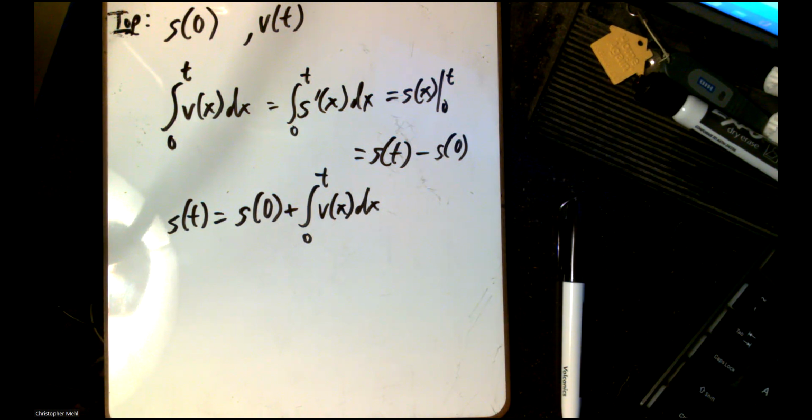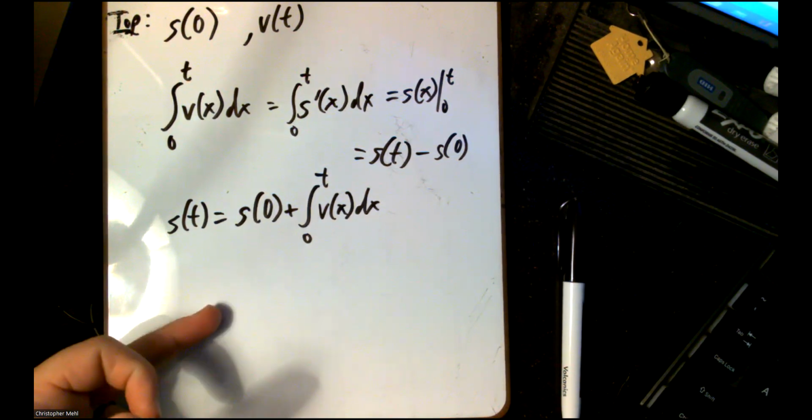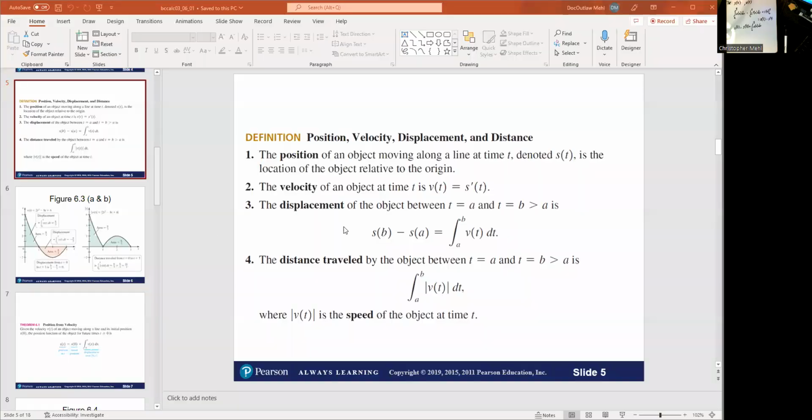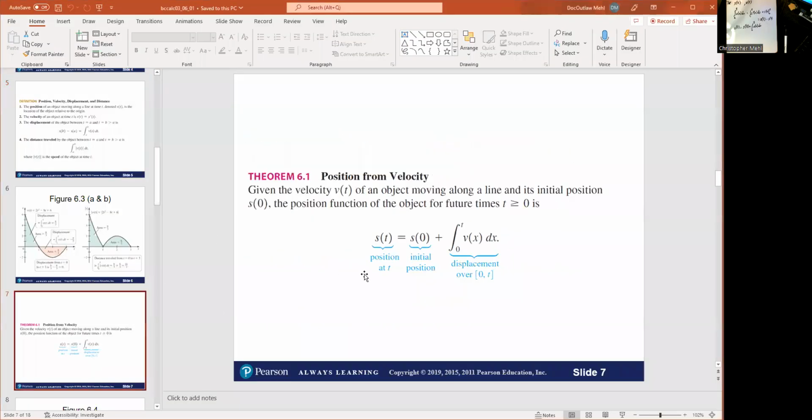That's s of t minus s of 0. Solving for s of t, which is my future position at time t, that's my initial position, s of 0, plus my displacement. And all of that is what you're getting at in Theorem 6.1.